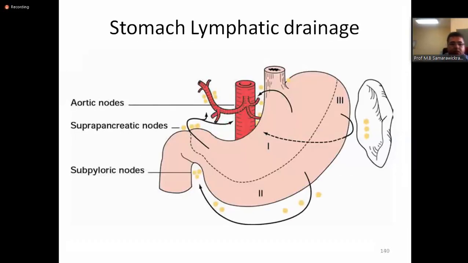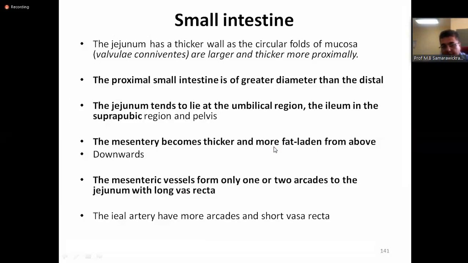Similarly, it has extensive lymphatic drainage. You can see it drains to the nodes in the porta hepatis, and in this direction the nodes in the splenic hilum, and also nodes in the pancreas. Therefore, when there is a malignancy or carcinoma in the stomach, it can spread to all these nodes, and therefore stomach carcinoma is difficult to cure.